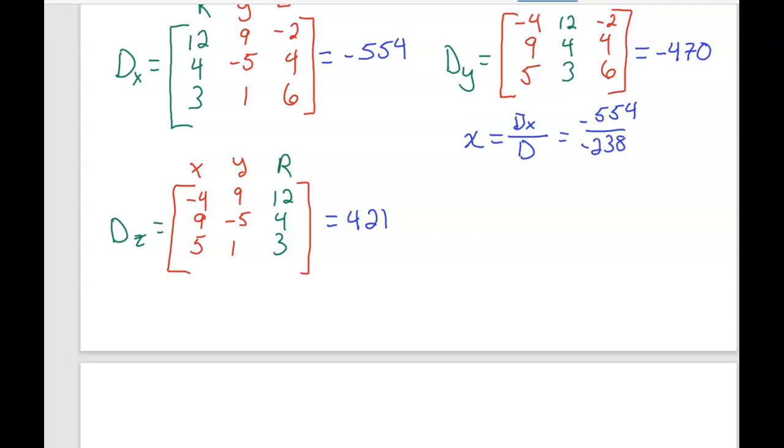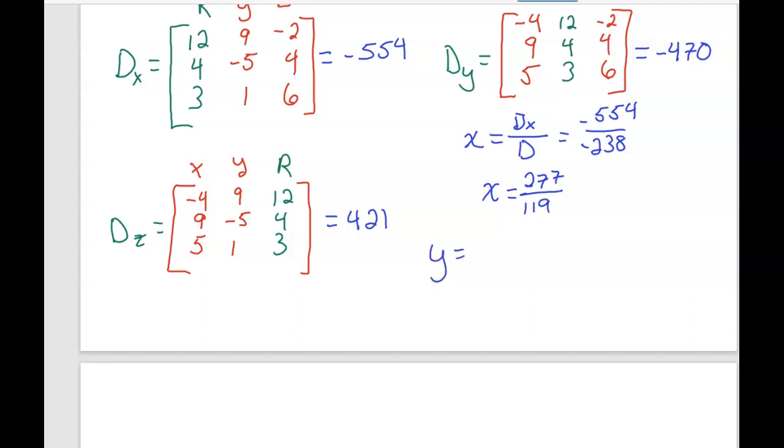And you will simplify this. You can do this in your calculator. Don't change it to a decimal. So this simplified will actually become 277 over 119.